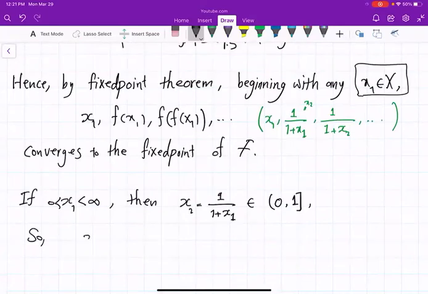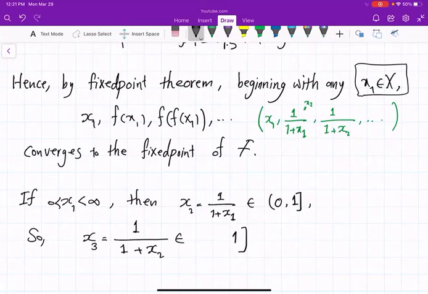So x3, which is 1 over 1 plus x2, is in the range. Again, the largest it can get is when you plug in 0 for x2, which gives 1. What is the tiniest value for x3 we can get?